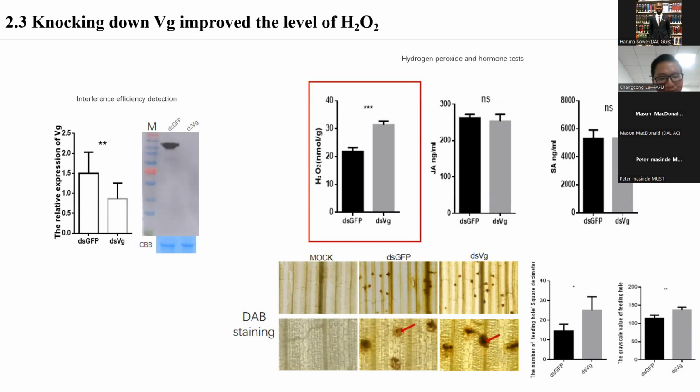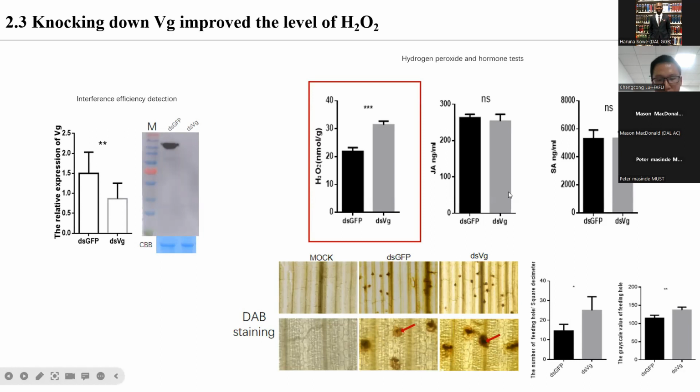After the VG of leafhopper was knocked down by RNAi, the rice was fed for 12 hours to detect the insect resistance indexes of rice, including protein, hydrogen peroxide, and JA and SA.